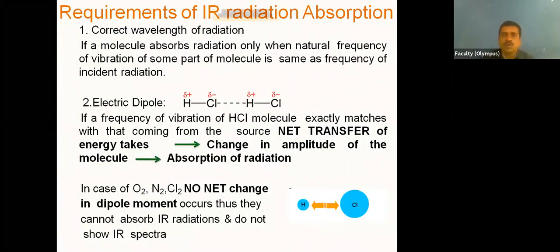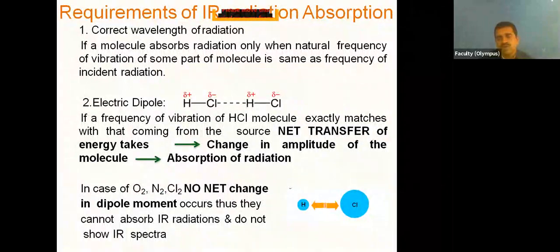So that molecule vibrates with some original frequency. Now the radiation which has the same frequency as the molecule is vibrating gets absorbed, and other radiations are transmitted as it is. So the first necessary condition is that the radiation has a frequency equal to the natural frequency of vibration of some part of the molecule. Suppose there is a hydrocarbon.